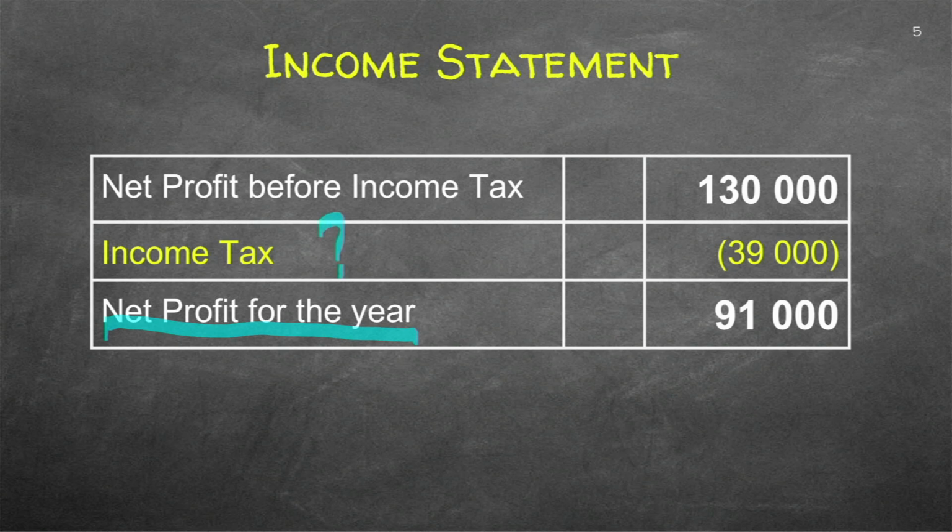And so I want to go back to the previous slide, because sometimes they will give you the 91,000 Rand as the answer, which is your net profit for the year. But then they'll tell you that the income tax is a percentage.